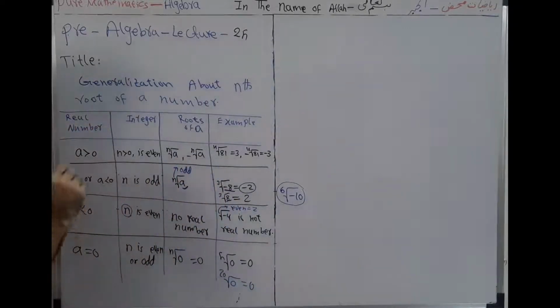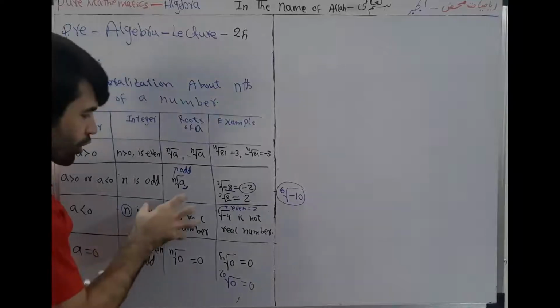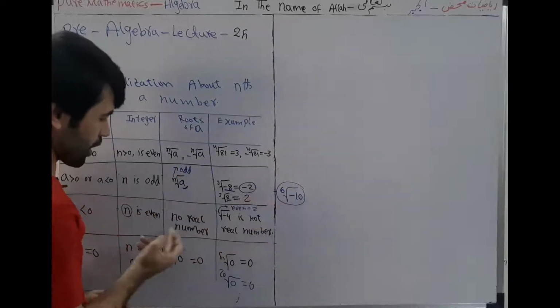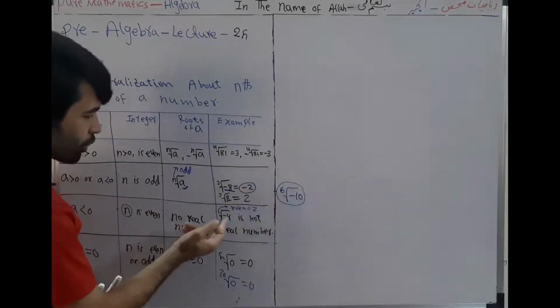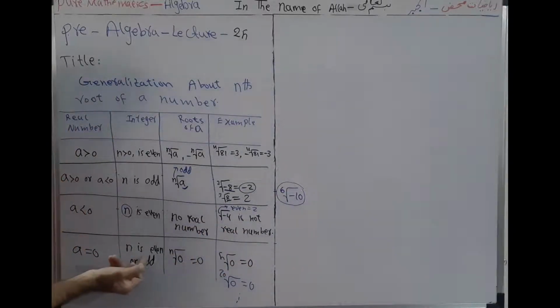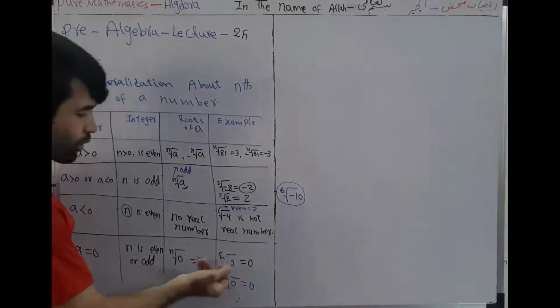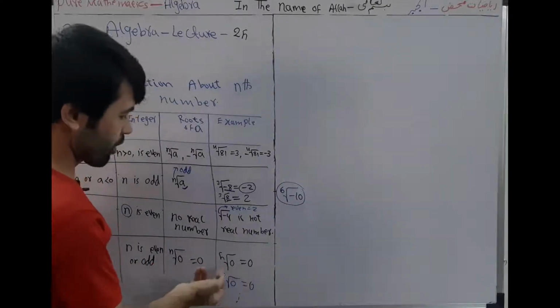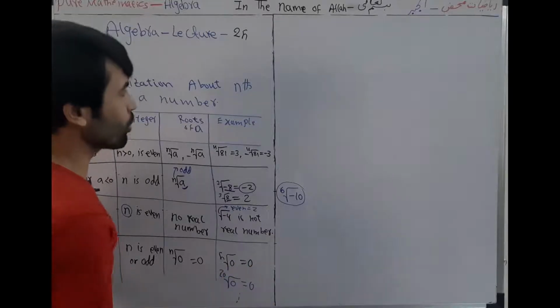If a is less than 0, negative, and n is an even integer, we cannot find real numbers such that. The square root of minus 4 is not a real number. If a is equal to 0, for n even or odd, the n-th root of 0 is equal to 0.